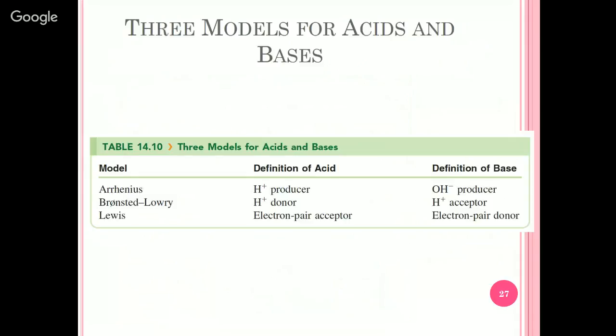So within this chapter, you need to understand the different definitions that we've talked about, understand the pH scale and the relationship between the hydronium ion and the hydroxide ion in solution. Most importantly, we're going to be focusing on doing those ICE tables to calculate pHs of either weak acids or weak bases in solution.